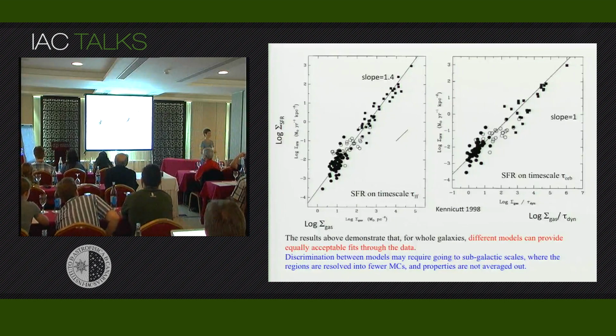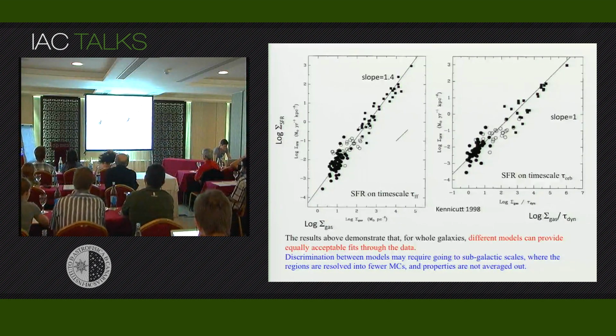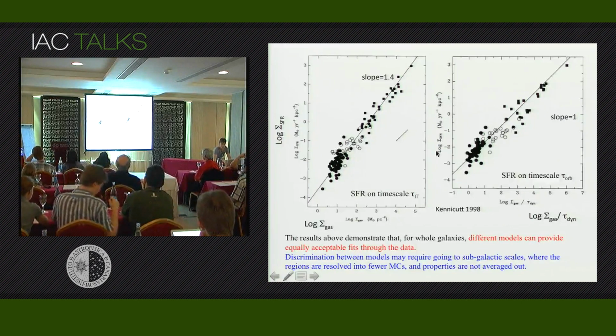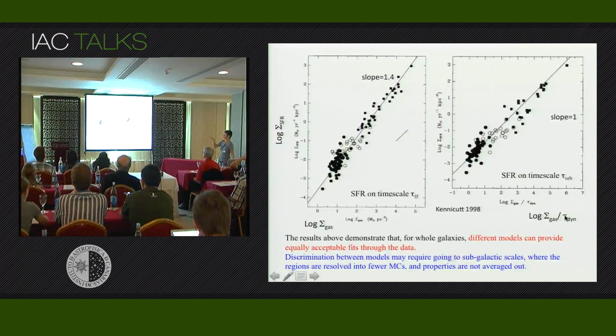So the first two figures I showed actually wanted to bring home that the data themselves, at least when you look at whole galaxies, cannot discriminate between relatively different models, like, for instance, the formation of stars over a free-fall time that would predict sigma to the 1.5, and you measure roughly 1.4, which is not too far from 1.5, and on the right-hand side you have that the star formation rate density is related to the density of the gas divided by the dynamical timescale, and you still get a good fit.